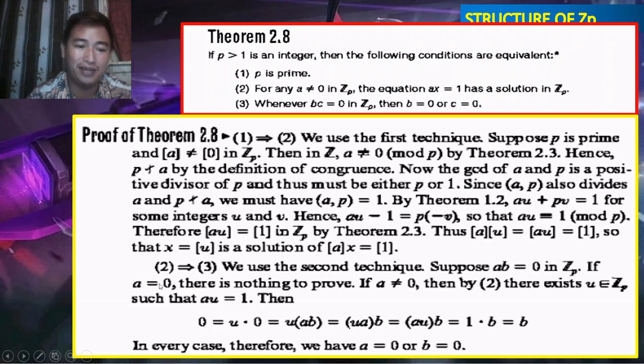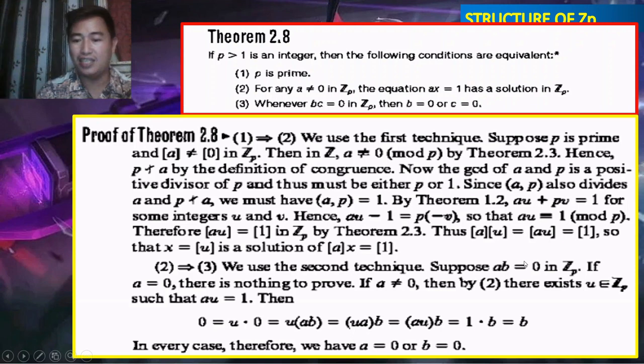If A is 0, there is nothing to prove. Now, if A is not equal to 0, then we must show that B is equal to 0.